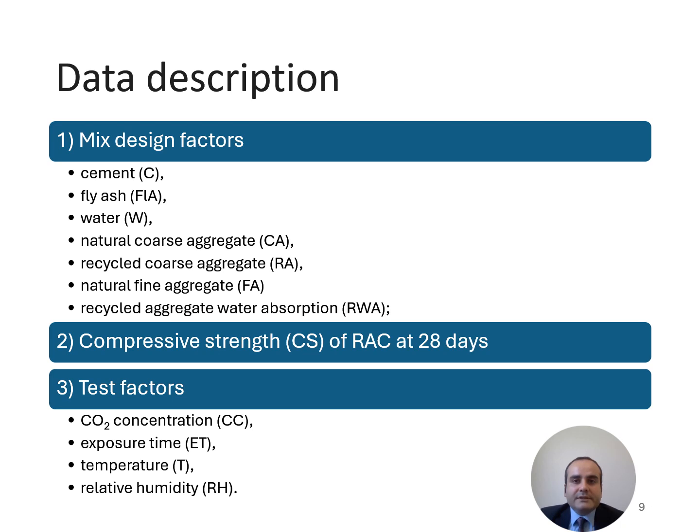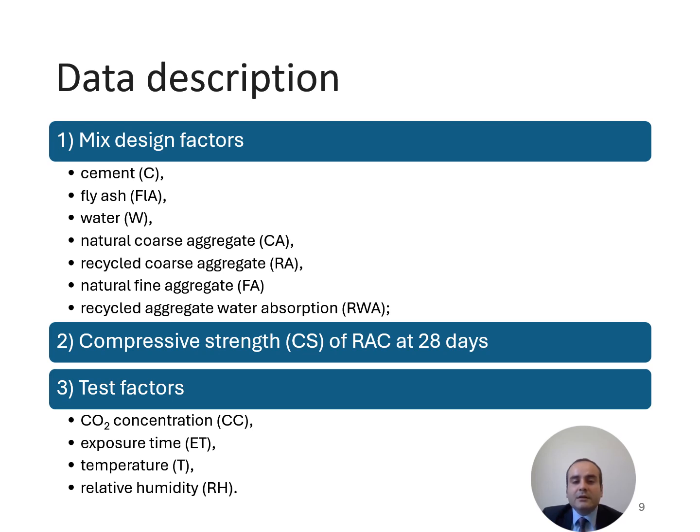An extensive database is required to develop a reliable carbonation depth model for recycled aggregate concrete. For this purpose, a comprehensive database of the carbonation depths of recycled aggregate concrete was gathered from published peer-reviewed journal and conference papers. The data used in this study can be classified into three different groups. The first group of data is the information on mix design, such as the quantities of cement, fly ash, water, natural coarse aggregate, recycled coarse aggregate, and natural fine aggregate, as well as the recycled aggregate water absorption.